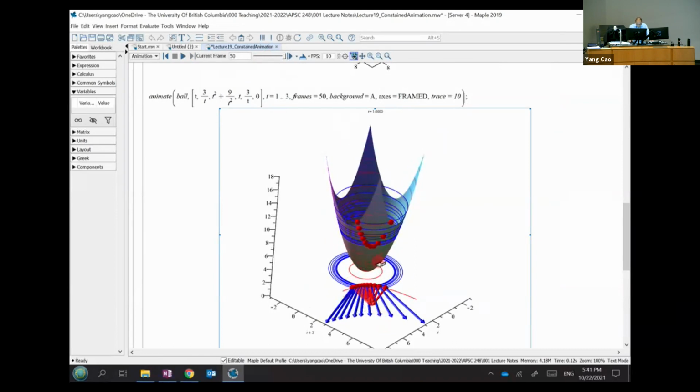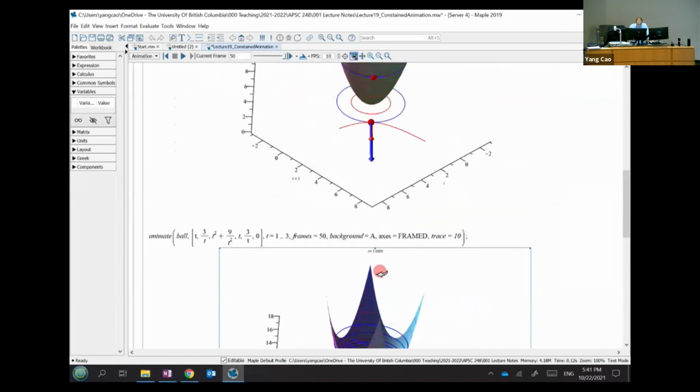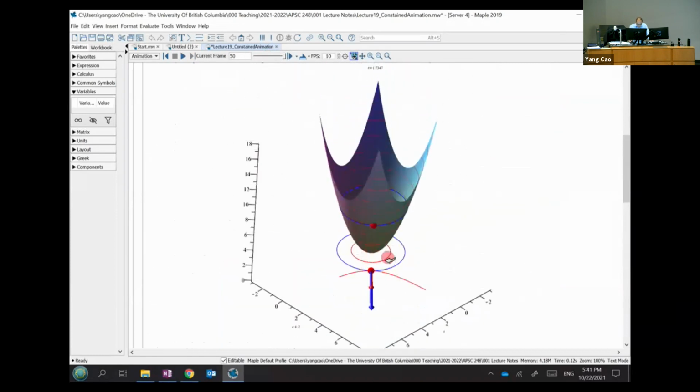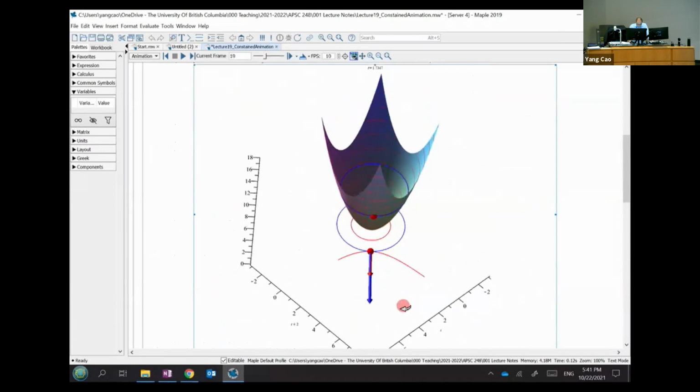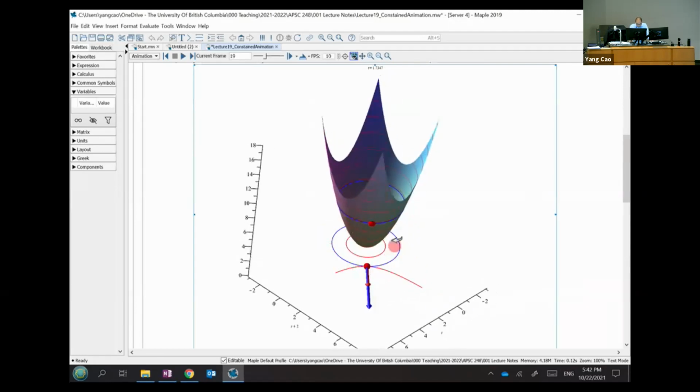Also, I want you to observe another thing, which is very obvious from this drawing. Look at what happened between the constraint curve and the level curve corresponding to the location of person B. The blue one here is a level curve. Depending on where person B is on the surface, you can always slice it to get a level curve. We know this is a paraboloid, so wherever you slice it, you get a circle as a level curve.